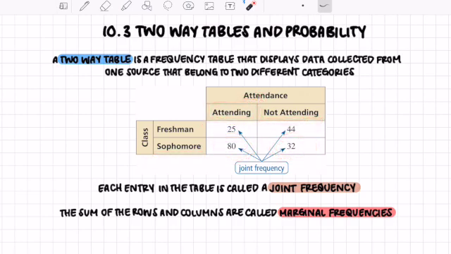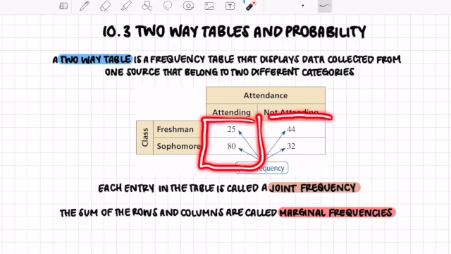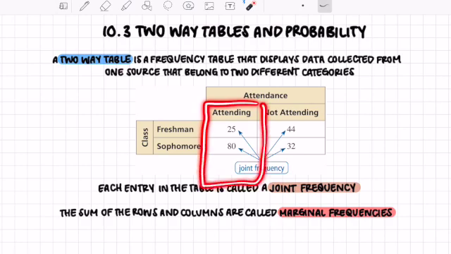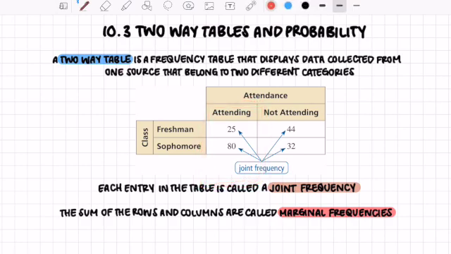Okay. And so what we can do is create marginal frequencies, which would just be the sum of the rows and columns. So for example, if I want to see how many sophomores and freshmen attended, all I need to do is add up the 25 plus the 80, which would equal 105.